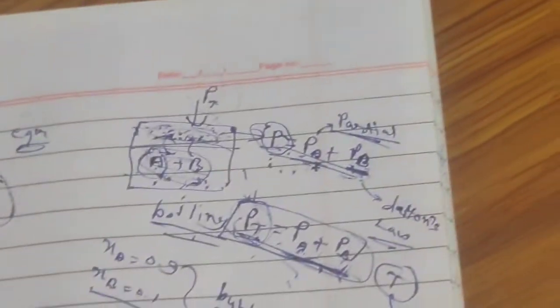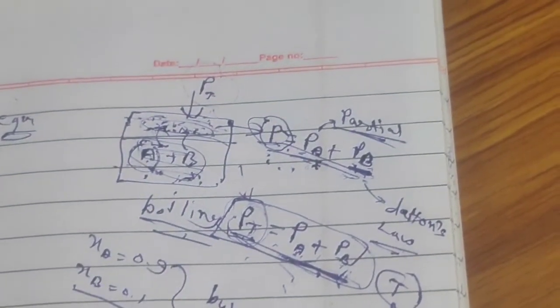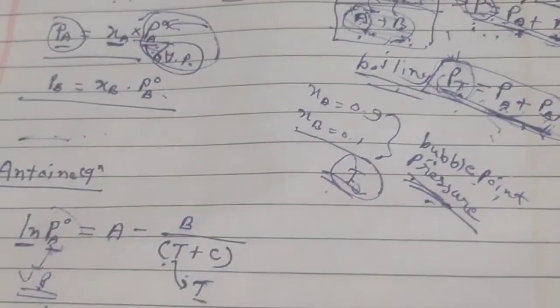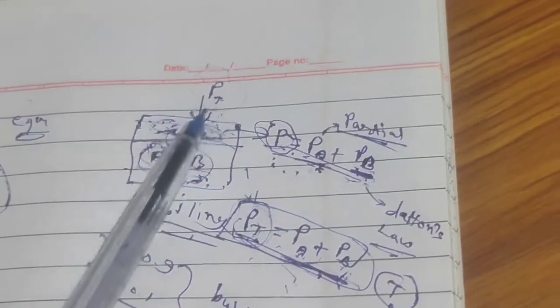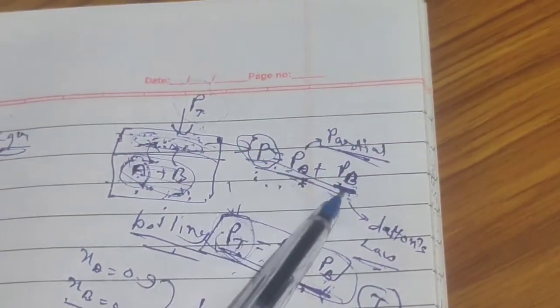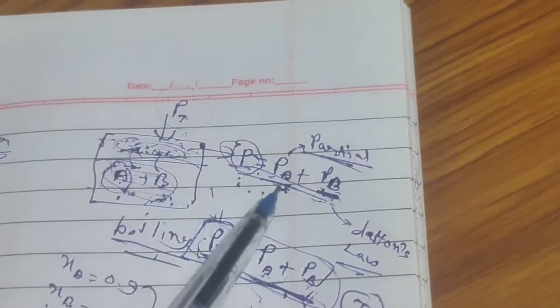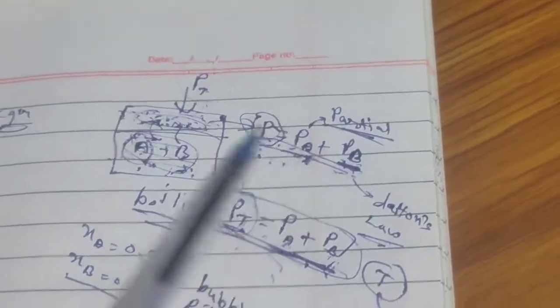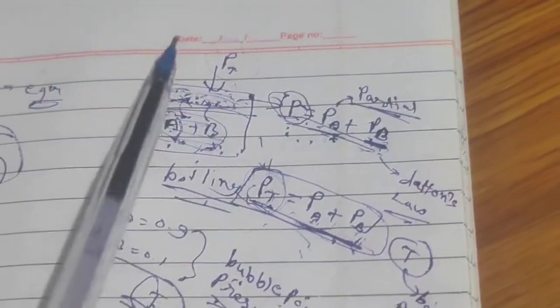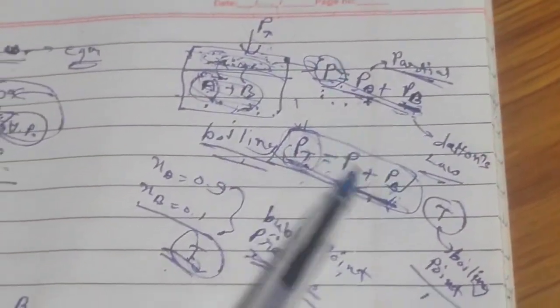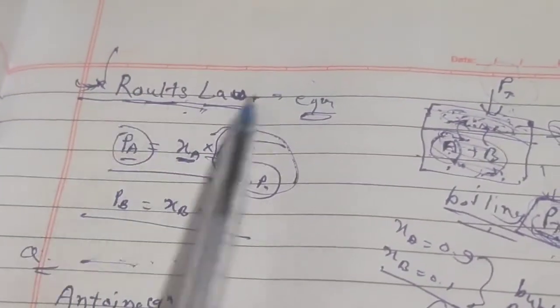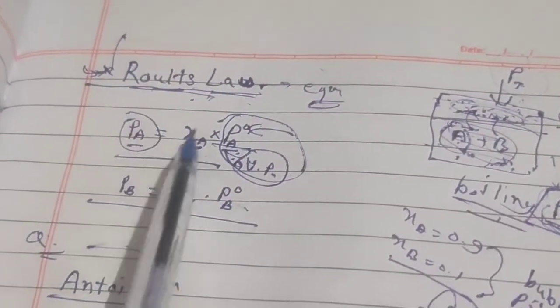So again I'm recalling the points you have to remember. When the external pressure equals the sum of PA plus PB, at this point the system will boil, the mixture will boil. And if they ask for the pressure, you have to use this equation. To calculate PA and PB, you use the help of Raoult's law, which says mole fraction times vapor pressure.